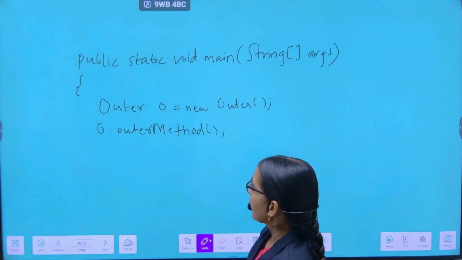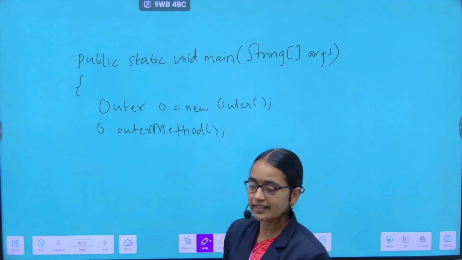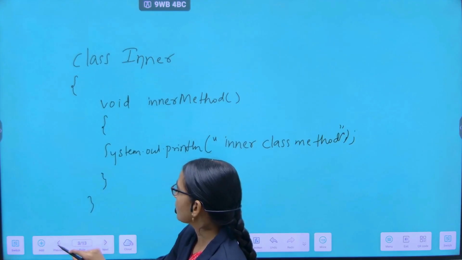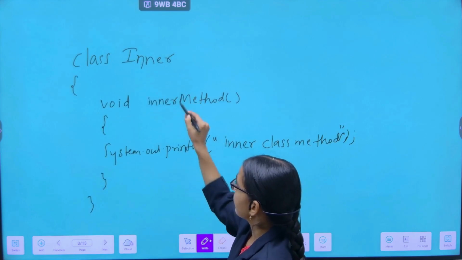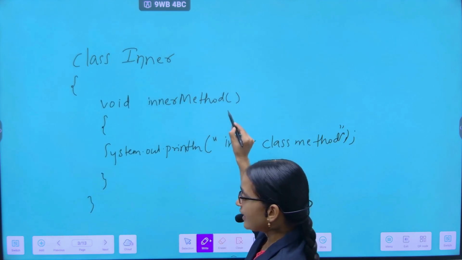Done. And now take the instance of the inner class. This is your inner class, and it has its corresponding method, inner method.